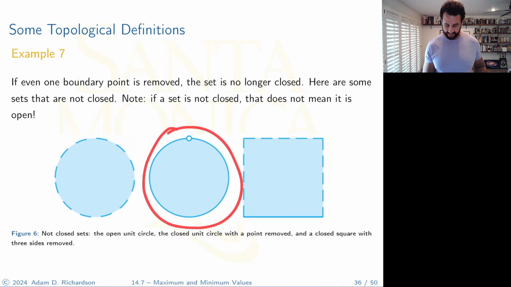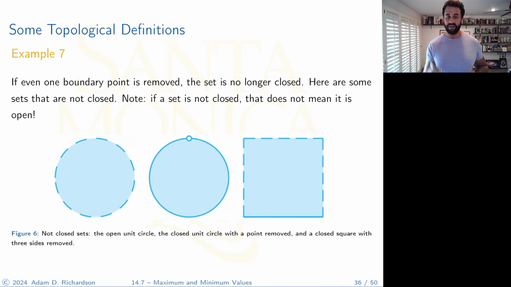Here is also a set that is not closed because we've taken this boundary point and removed it from the set. I don't want to say open, because just because a set is not closed does not mean that it is open. It's not like a door, where if it's not closed, it's open.